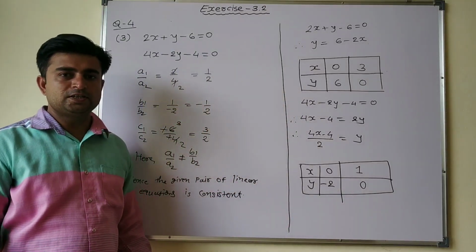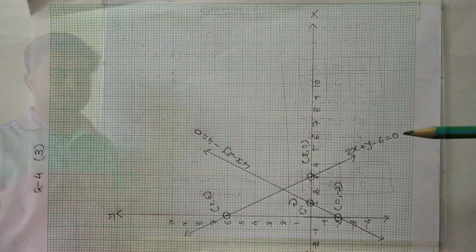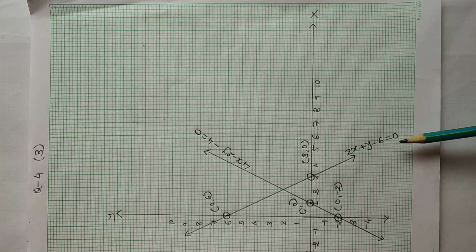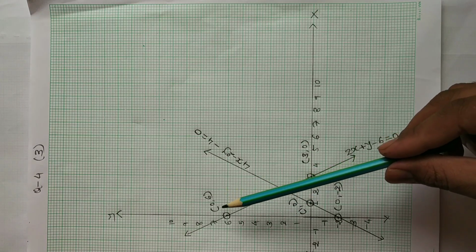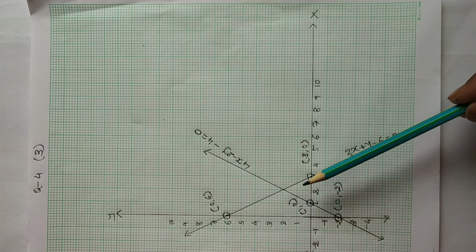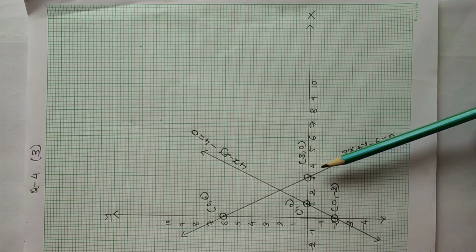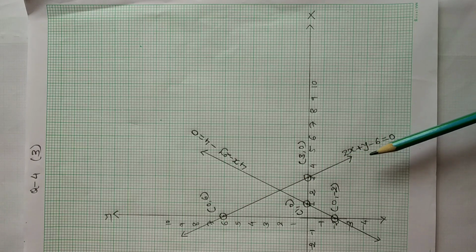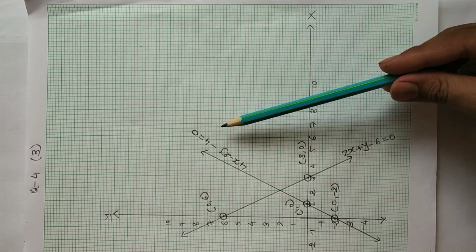Now let's see the graph, how to draw the graph on graph paper. Here the first equation is 2x plus y minus 6 is equal to 0, and for that the first solution we have is 0, 6, which comes here, and the second solution is 3, 0, which comes here. The line passing through them is the equation 2x plus y minus 6 is equal to 0. Now the second equation we have is 4x minus 2y minus 4 is equal to 0.